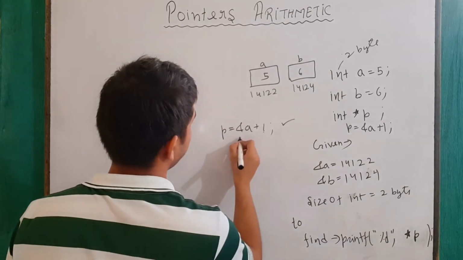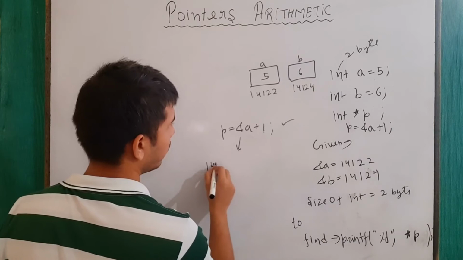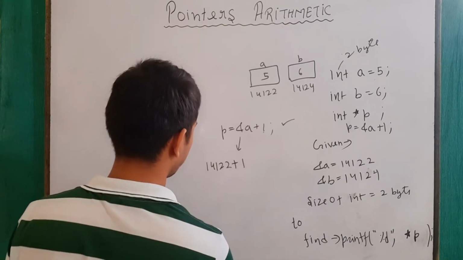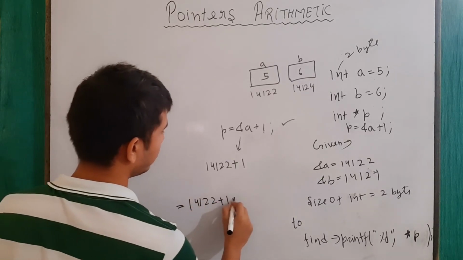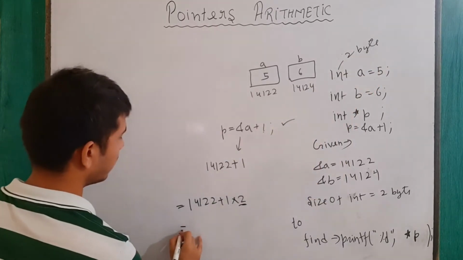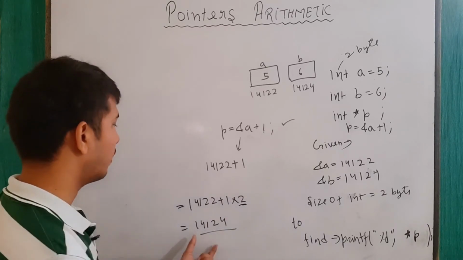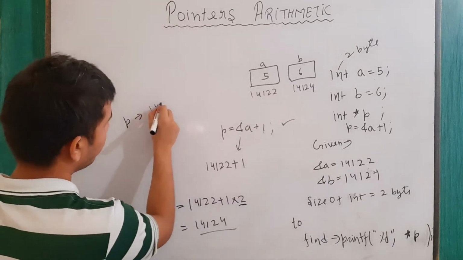Here &a is 14122, and now I am performing plus 1. So our output will be 14122 plus 1 times 2. Why times 2? Multiply by 2 because it is of 2 byte. So our final output becomes 14124. Now p has 14124.